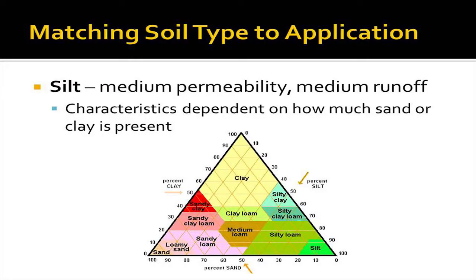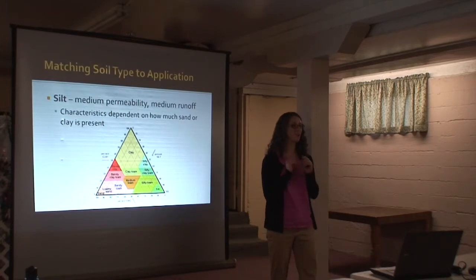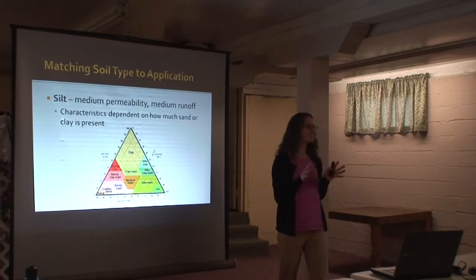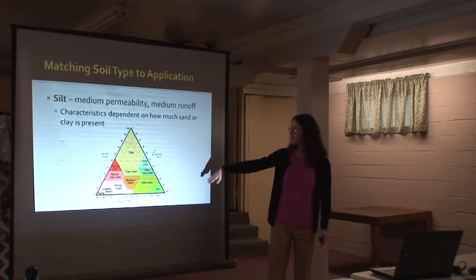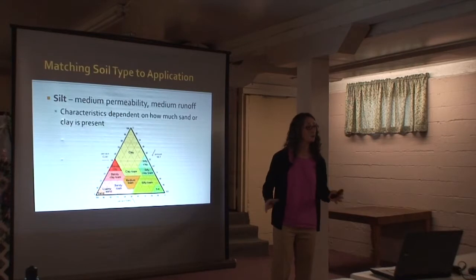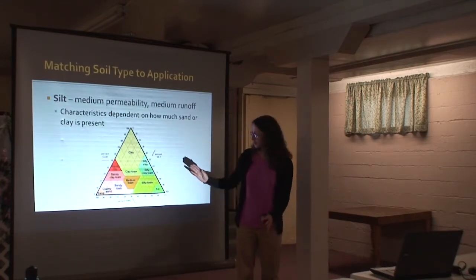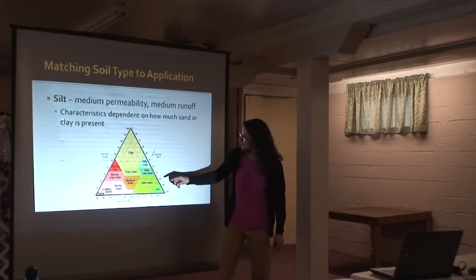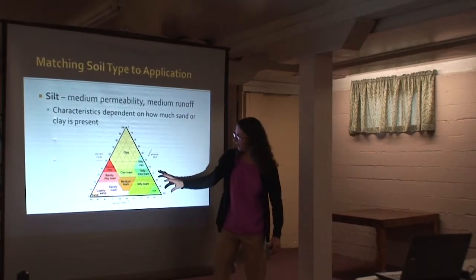And a silty soil, so this is going to go in the middle somewhere. So these are kind of harder to kind of classify. They're going to be medium permeability, medium runoff, medium in everything. These are the soils that, depending on where they fall on here, so it's characteristic of how much sand and clay combo, and all these are the same, by the way. So here's kind of a chart that shows the percentage of silt, percentage of clay, and percentage of sand, and you'll kind of fall in there.